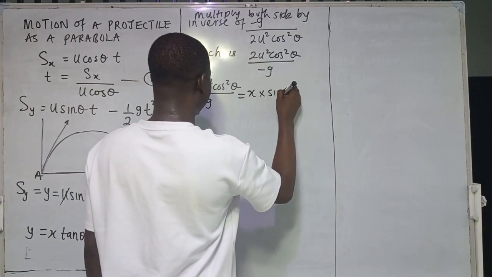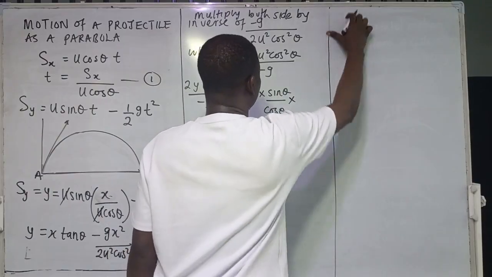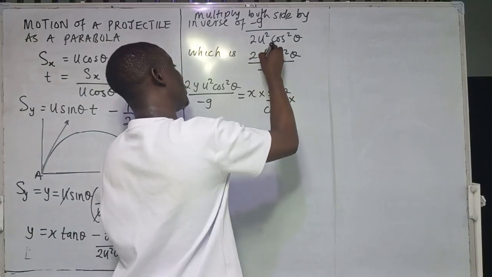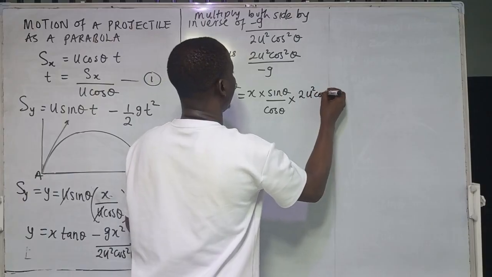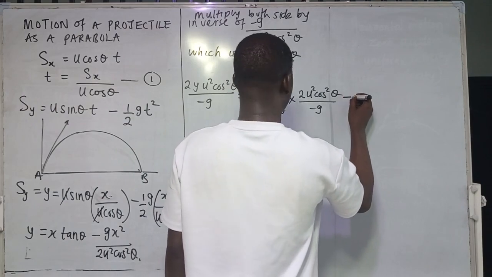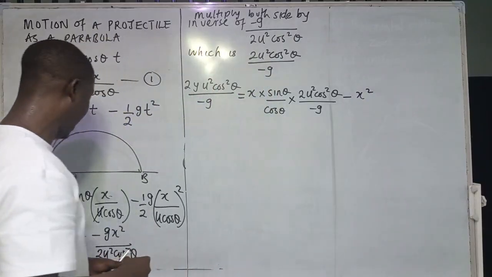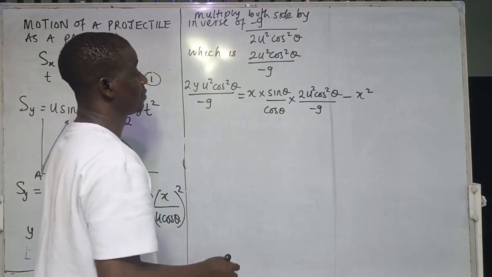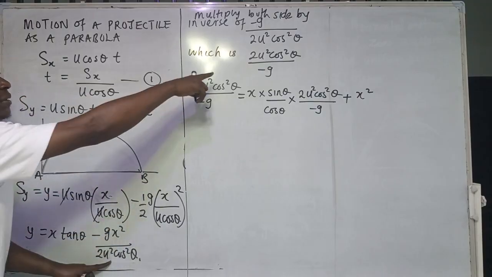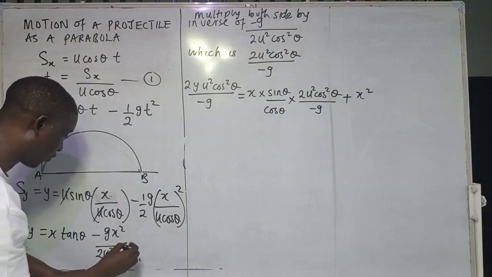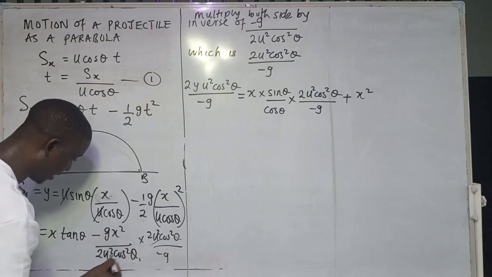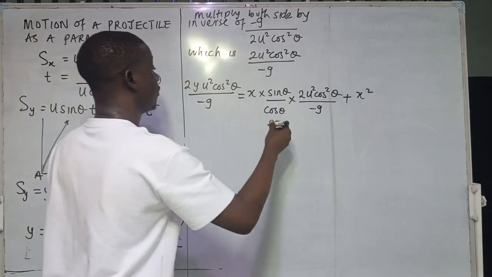S times sin theta over cos theta times 2U square cos square theta over minus G. Let me clear this side so we can see how it's spread better. This one will now give us minus S square. If I multiply this one by 2U square cos square theta over minus G, the minus will cancel minus G. We have only S square, and this one now becomes plus.